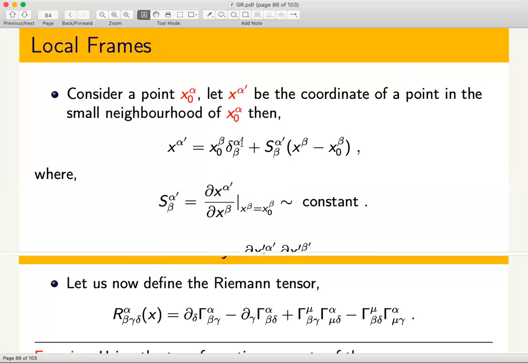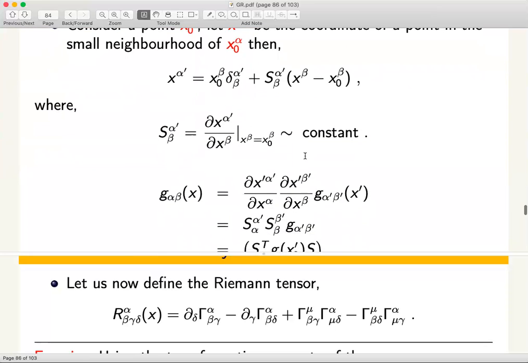This statement of delta alpha prime beta is just to say that the local orthogonal frame defined at x0 alpha and the local orthogonal frame defined at a new point is still an orthogonal frame, so to first order you can just match. But then at the next order you have a correction to it. So there is a matrix which tells you how you would relate these two coordinates.